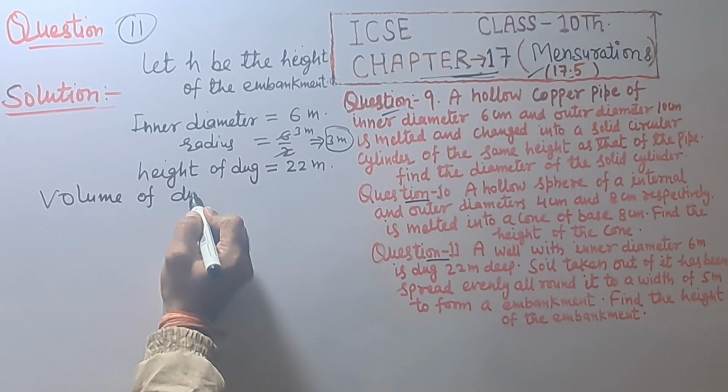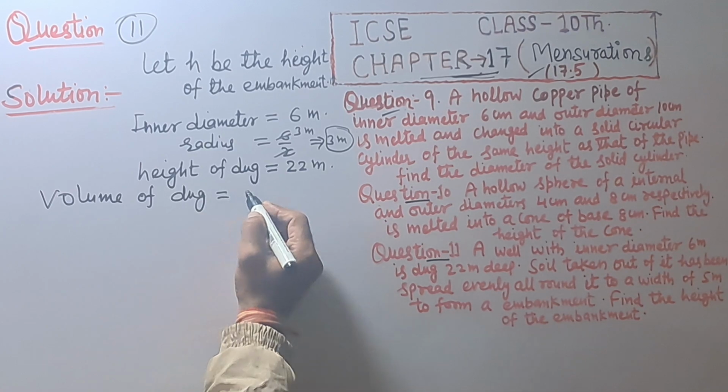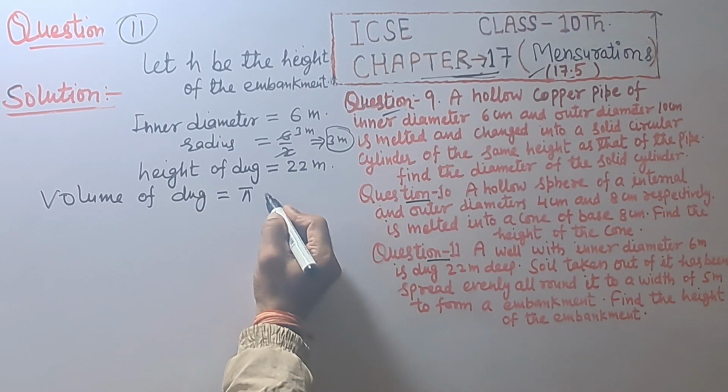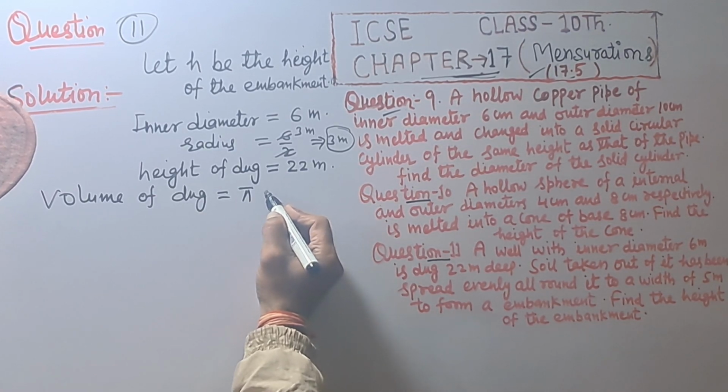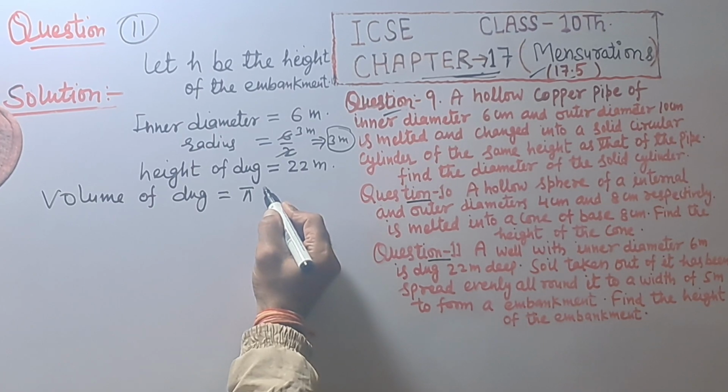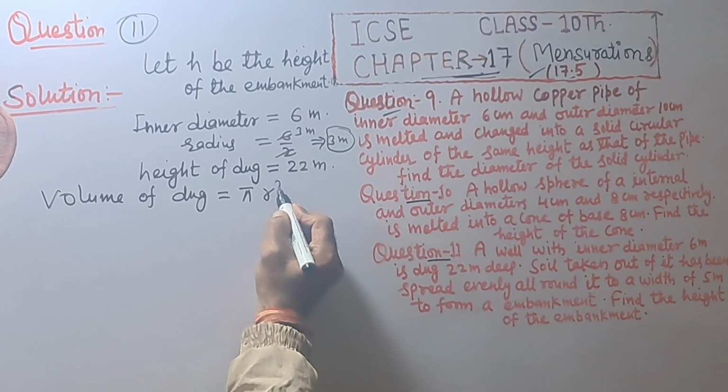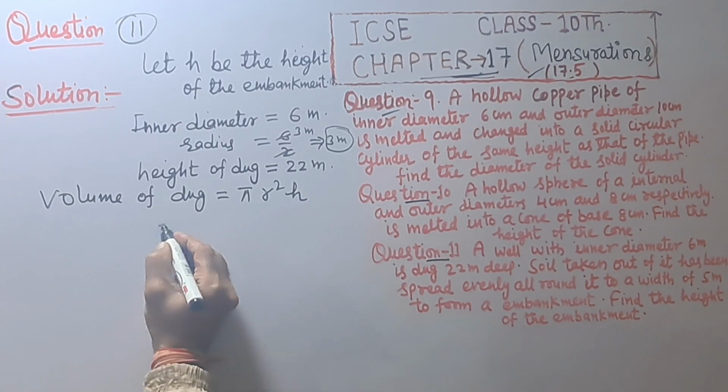Volume of the well equal to pi r square h.